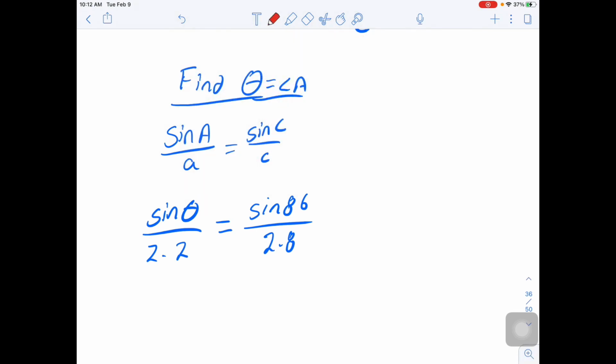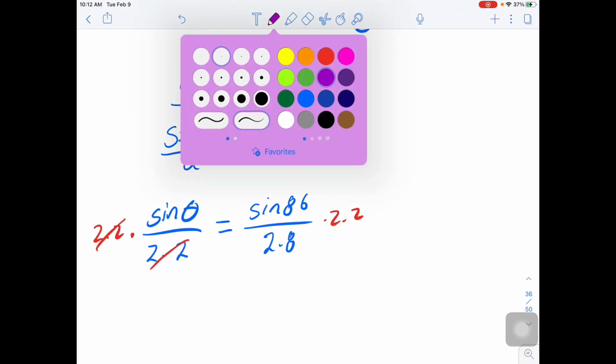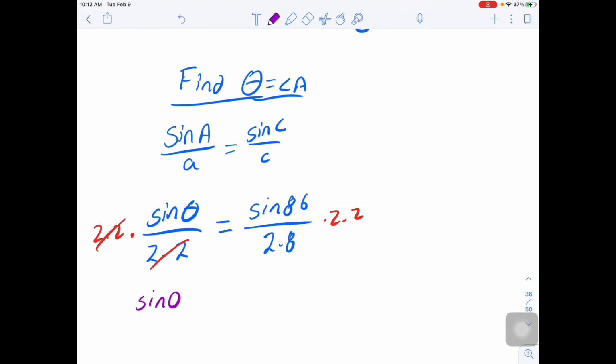So I'm going to multiply both sides by 2.2. So I get sine theta to equal sine 86 times 2.2 over 2.8.